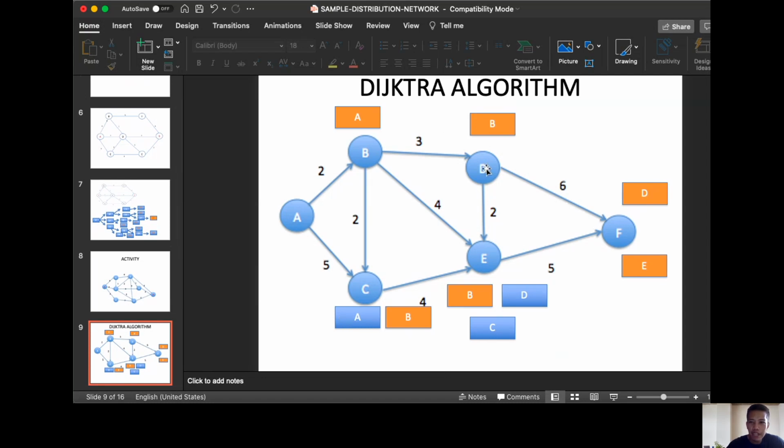The boxes on top of each node represent the predecessors, or the number of arrows pointing to that node.